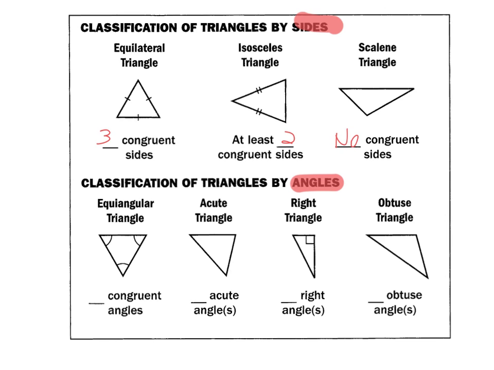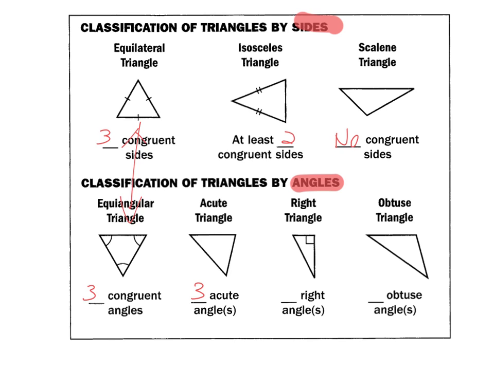Now, if we classify them by angles, it's the same thing. If these three angles are congruent, we have the same conclusion. So these are corresponding to each other, right? And if a triangle has three acute angles, we call it an acute triangle.